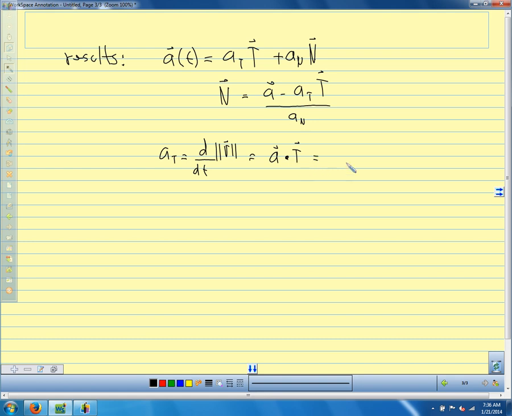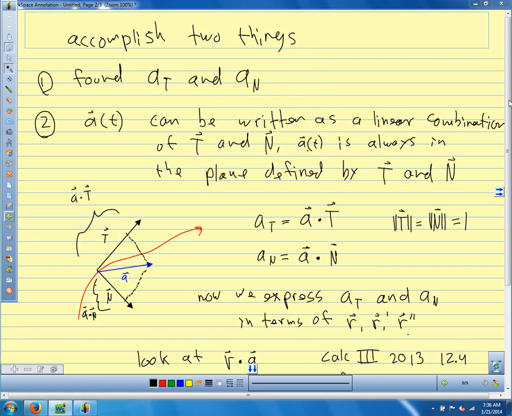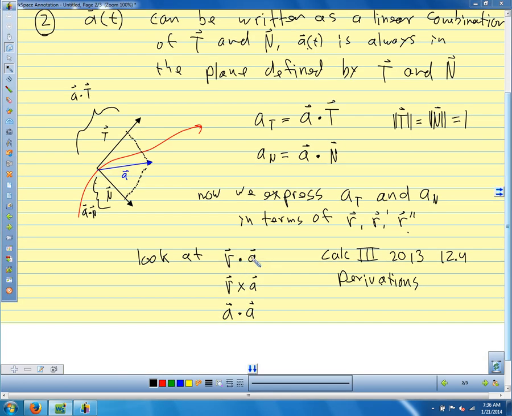We find that this is also equal to v dot a over the magnitude of v. So this gives us a way to calculate the tangential component of acceleration without dealing with this unit tangent vector. And that comes out of rearranging, working with this quantity and rearranging it.